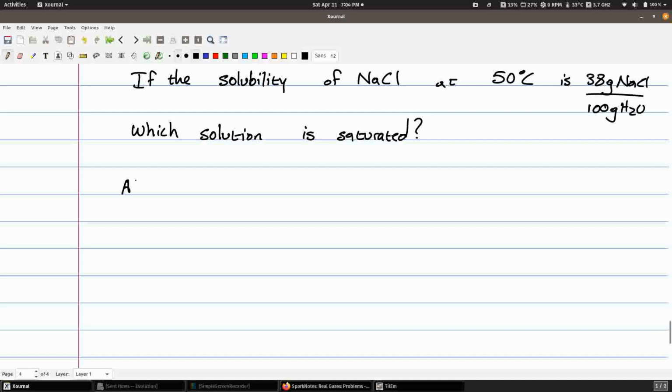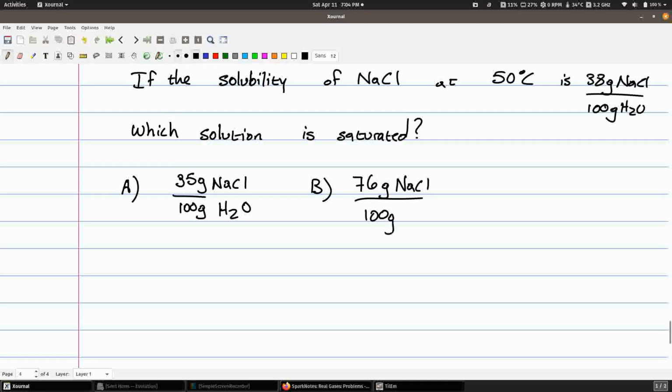So there's more than one answer. And use common sense. If you have a question, you can ask me about this. So 35 grams over 100 grams. I'm going to make more room here. 76 grams over 100 grams. 15 grams.